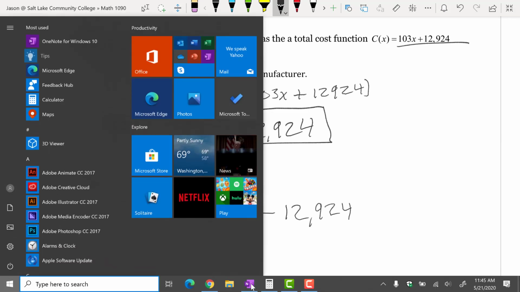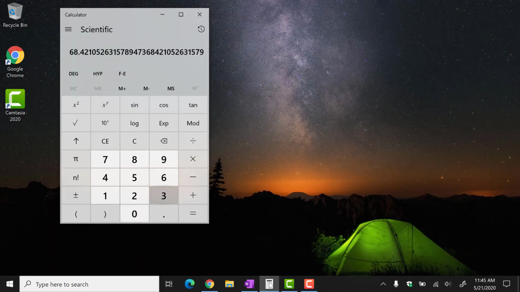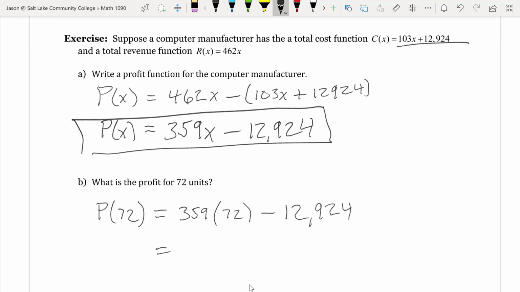Calculator time. Let's see, 359 times 72 is 25,848. 25,848 minus the 12,924.